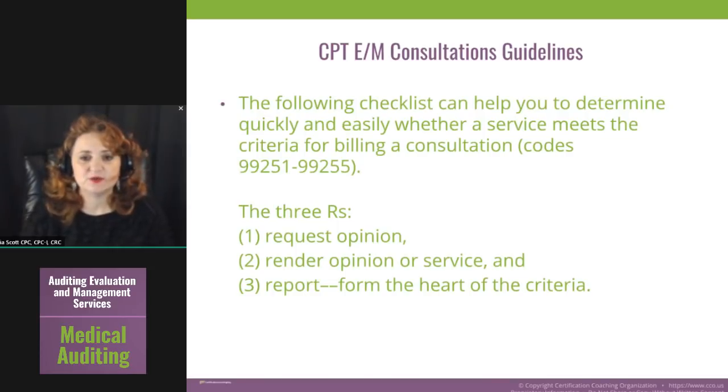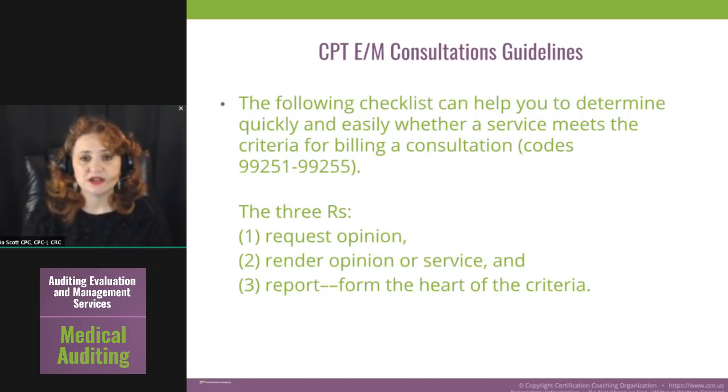So there's a checklist that we need to think about whenever we're going to be using codes 99251 through 99255 for consultations. They're called the 3 R's, and you should probably write these down. We need a request of an opinion. So I'm going to send you over to the endocrinologist and we're going to request his opinion.